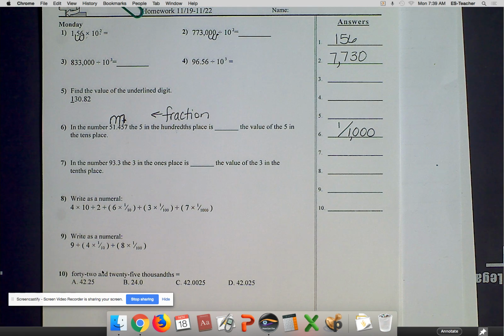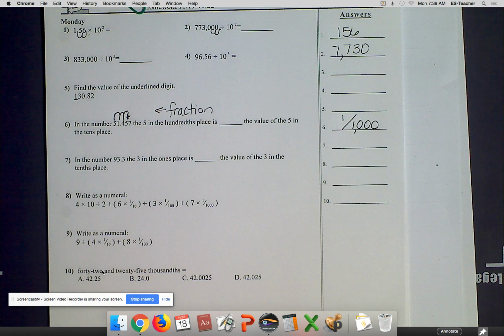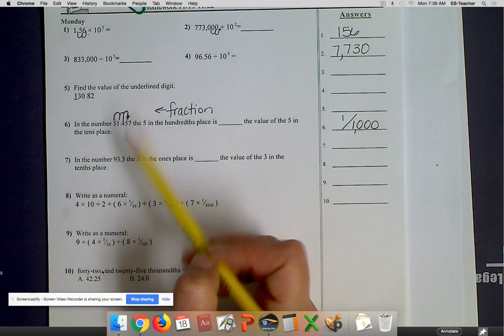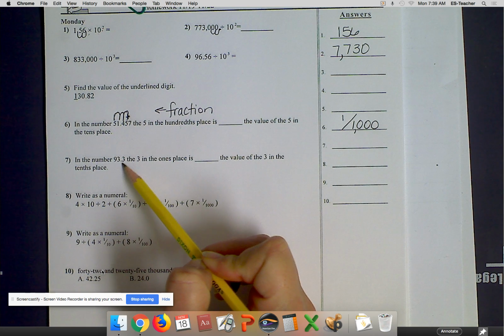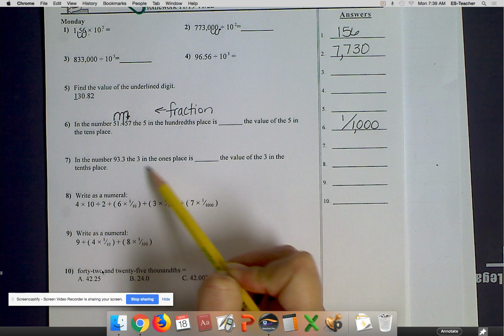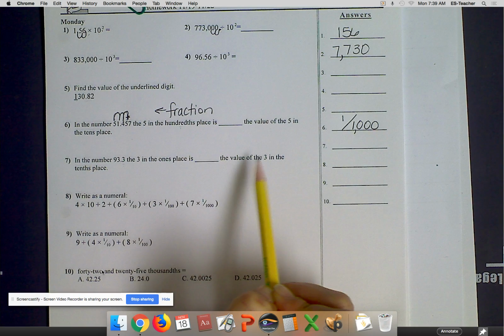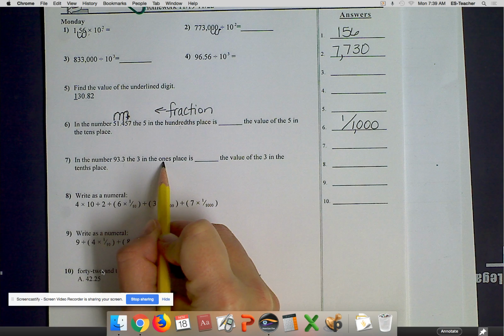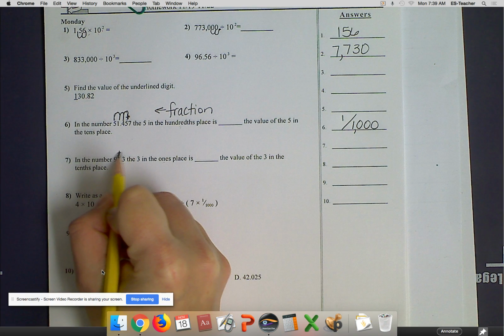I'm going to do number 7 with you, and then tomorrow when you do your homework, I'm only going to do 1 with you because I know it's been a while since we've done these. So in the number 93 and 3/10, the 3 in the ones place is blank the value of the 3 in the tenths place. So you're going to star where you start. The ones place is here, so we'll put our star.